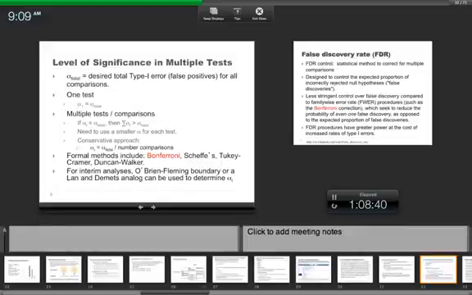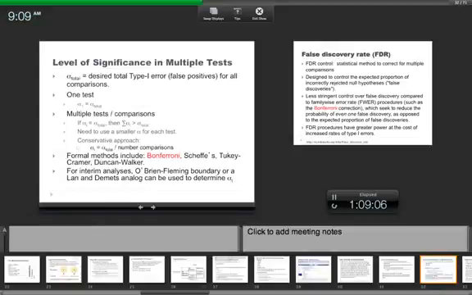But if you have multiple tests and multiple comparisons, the alpha total is the summation of the alpha of the individual tests, and that is going to be greater than the alpha total. So the conservative approach is to divide the alpha total by the number of comparisons. And that's the most conservative approach.